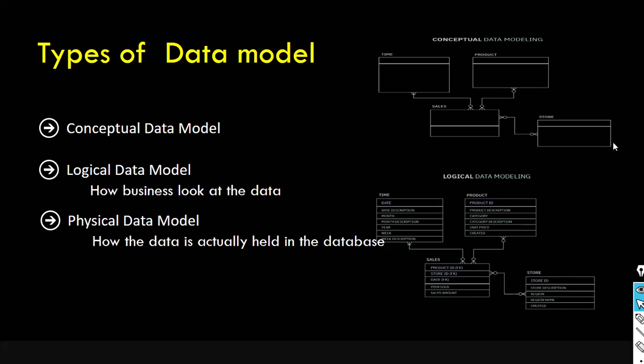Just having high-level information is not sufficient. You need to go one step further. You need to evolve your conceptual data model by adding the columns that are available as part of each and every table. Make sure that you are including all the necessary columns as part of each table. This is very important.